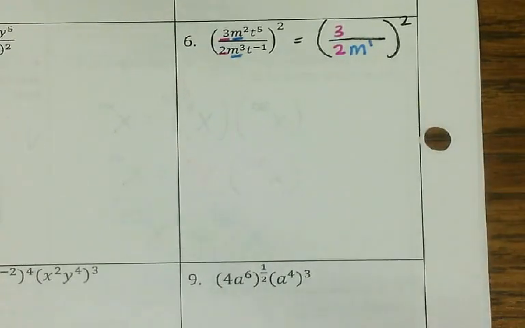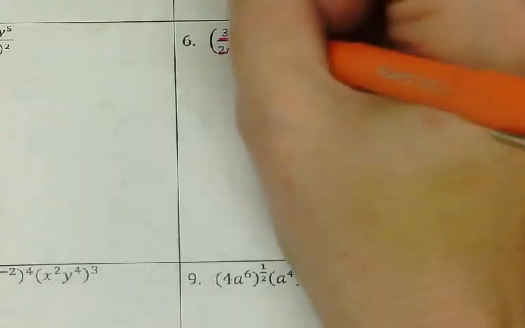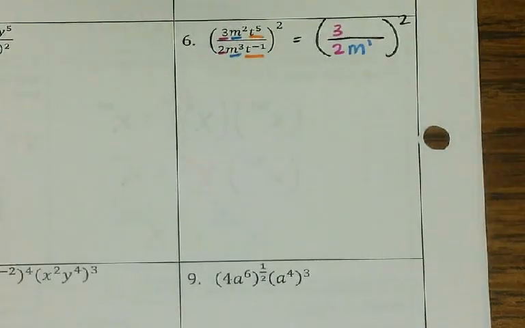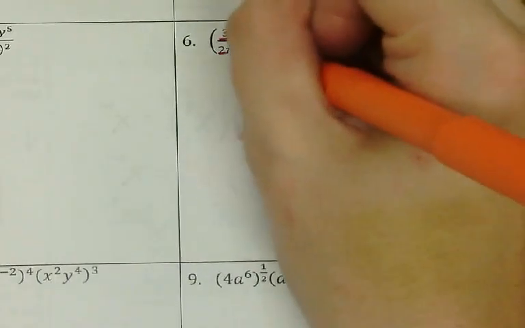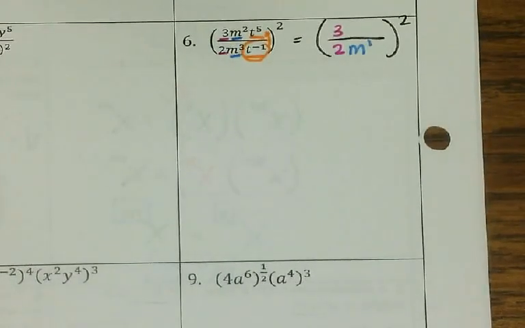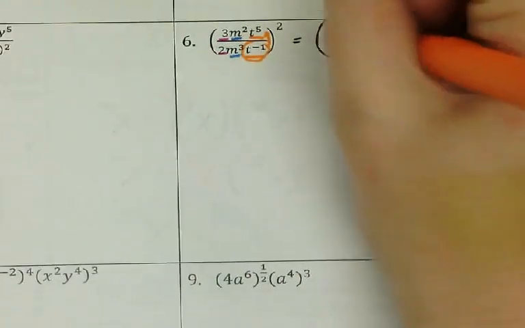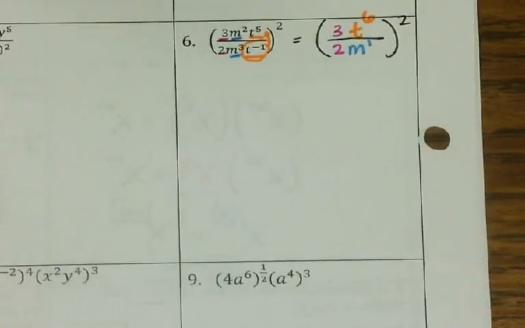And then what we are going to do, y'all, is we see, okay, t to the 5 over t to the negative 1. But guys, that negative exponent's got a grumpy attitude, so it's going to need to come upstairs. So now what are we going to do to those lovely little exponents? We add them together. So that's going to become t to the 6th on top. So guys, now we've simplified our fraction first.